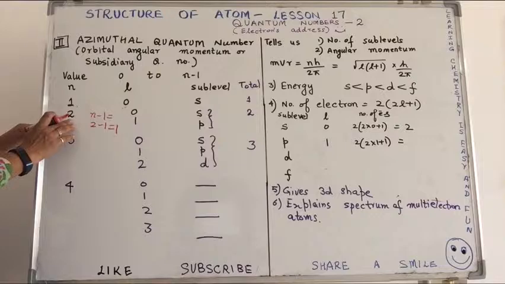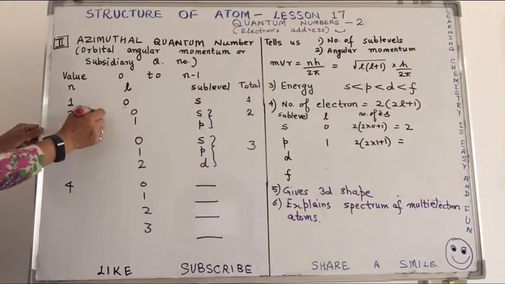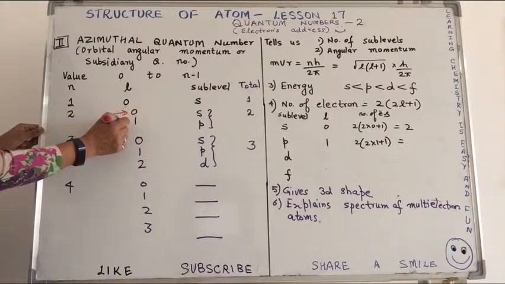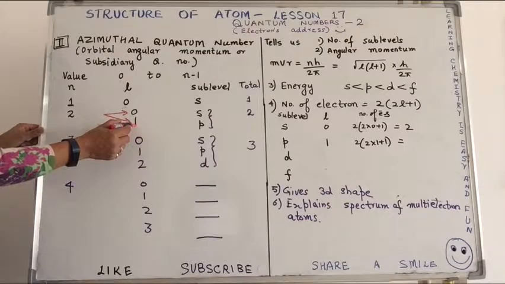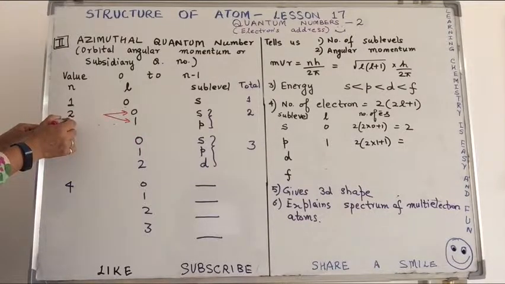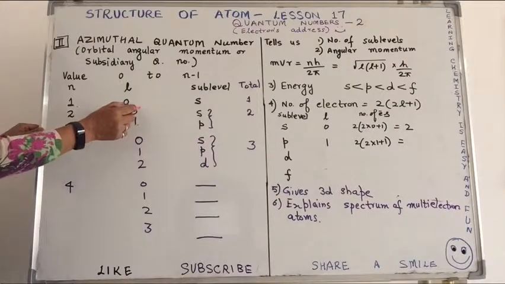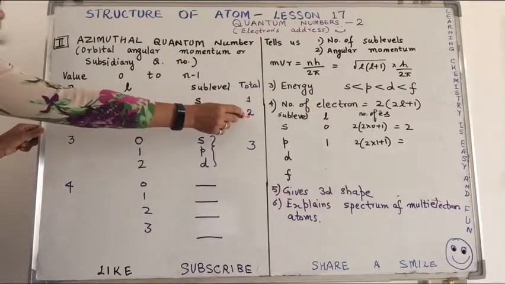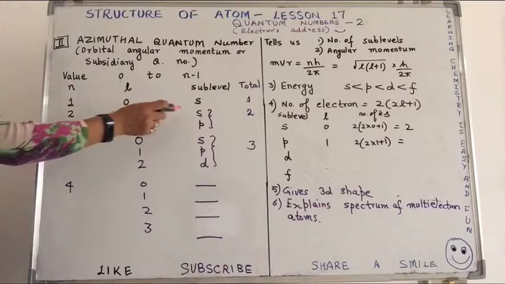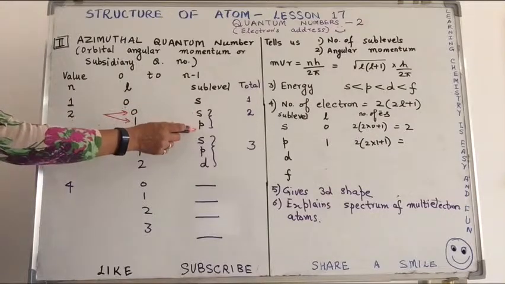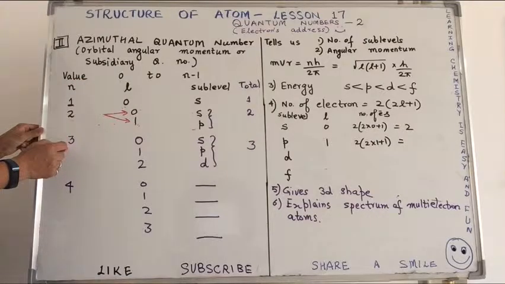So when n is 2, L is, yes, 0 and 1. This is giving me the number of sublevels. If I am talking about the second orbit, how many sublevels are possible? Yes, 1, 2. So a total of 2 sublevels. What is the name given to these sublevels? It's called the S sublevel and the P sublevel.